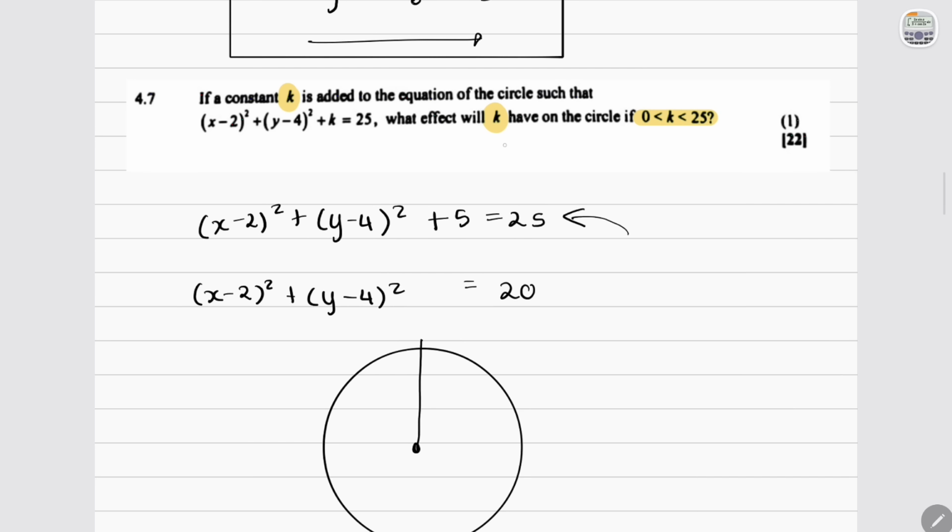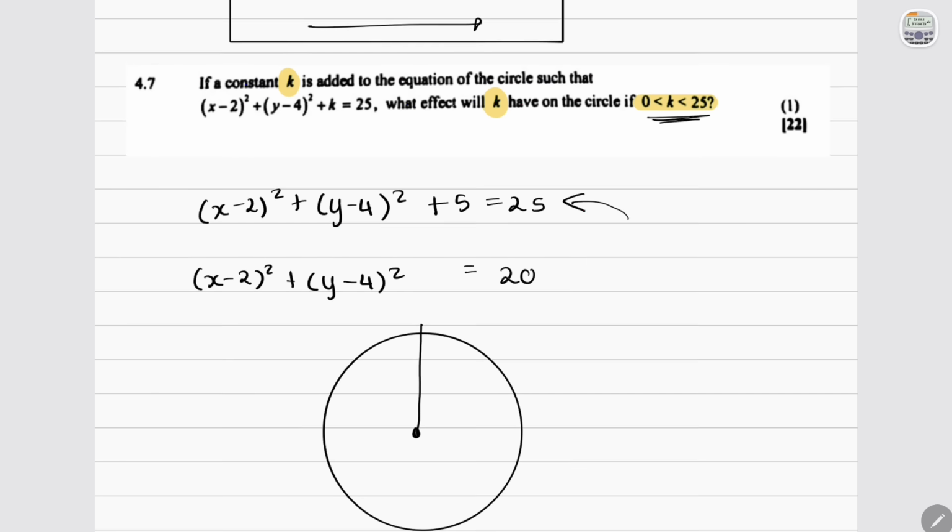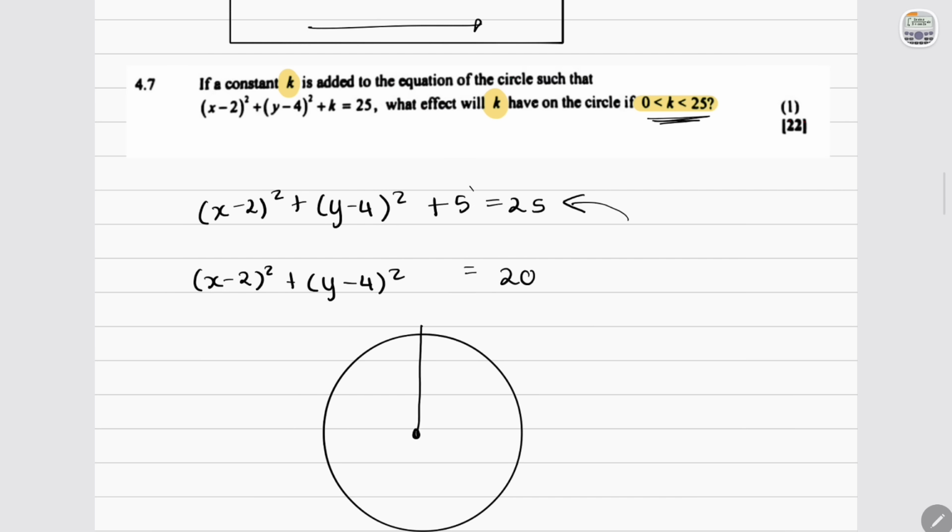But remember, they do ask what effect that will have on the circle if k is between 0 and 25. So from 0 to 25, we tried a number like 5. Now imagine you start increasing this number, to 10 for example. Do you see that it will make this even smaller, because this goes over to become negative and then the radius becomes even smaller.